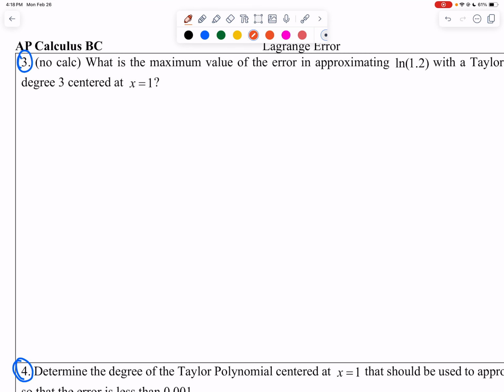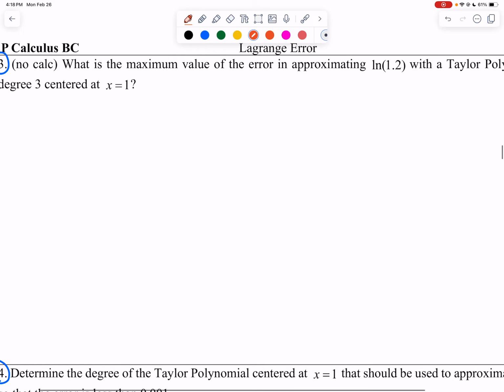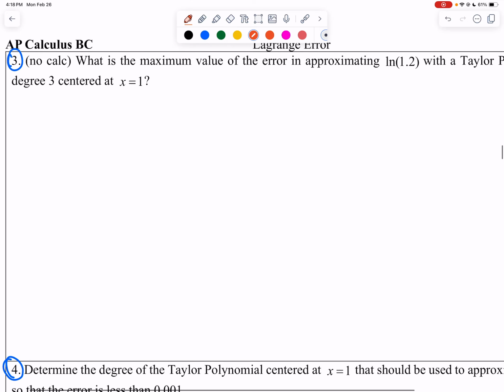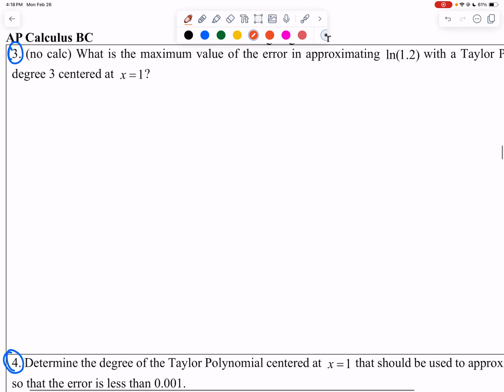Number three says, what's the maximum value of the error in approximating ln of 1.2 with a Taylor polynomial of degree 3 centered at x equals 1? Okay, so do I need to make up that Taylor polynomial?